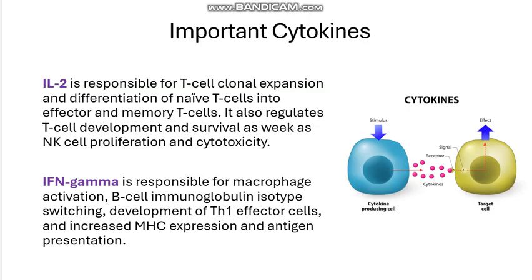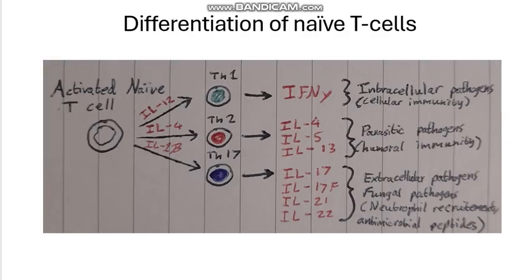You can see this image here. A stimulus happens to a cytokine producing cell. The cytokine producing cell responds by producing cytokines. These cytokines are picked up by the receptors of a target cell and it's going to produce an effect. So if we go back to this cell, you can imagine a different kind of cell is picking up a stimulus to tell it that we need to mature.